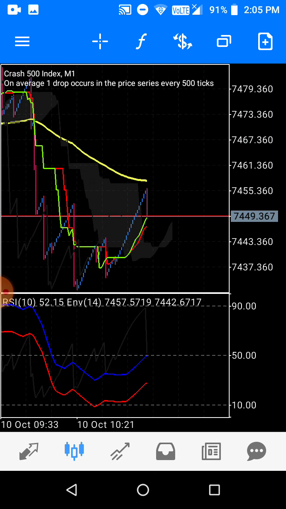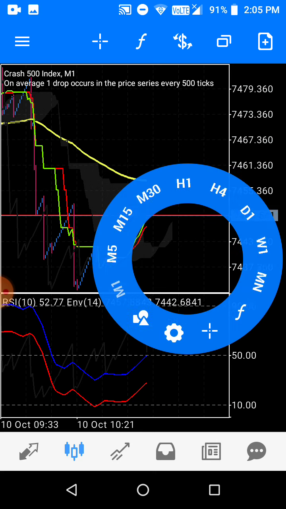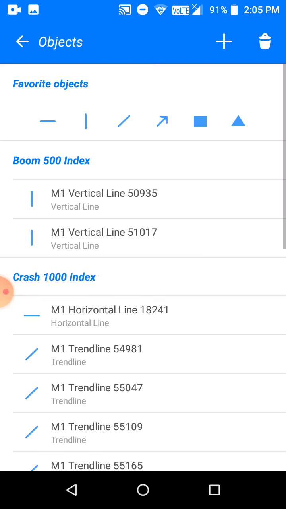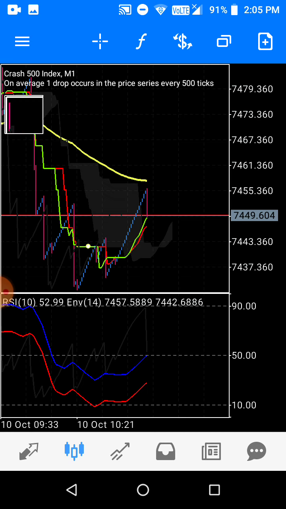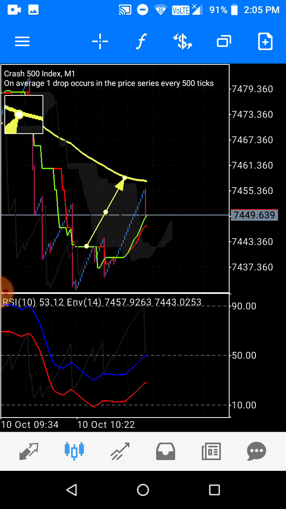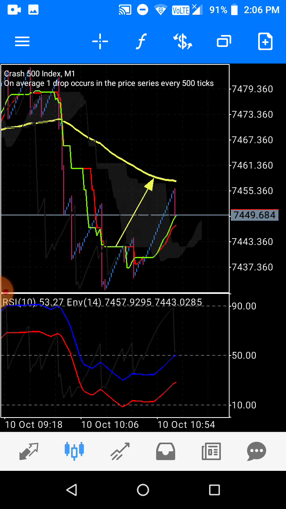So for us to use this strategy, as I usually say, we have to wait for the market to be above moving average 200.